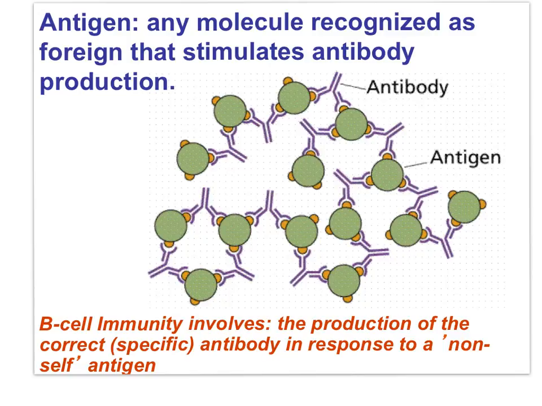Antigens are just small molecular components of larger pathogens, but it is the molecular components, the antigens, that our B cells and T cells recognize as foreign. B cells make antibodies specific to the antigen. The antibodies bind to the antigen and neutralize the antigen to ultimately neutralize the pathogen.